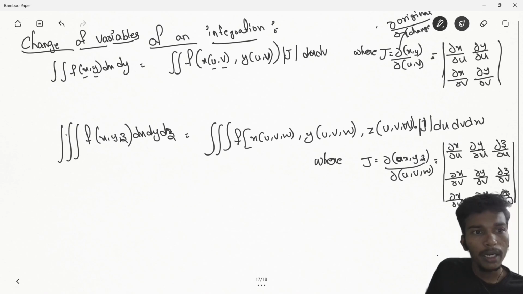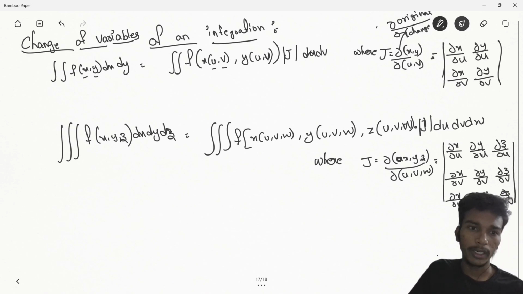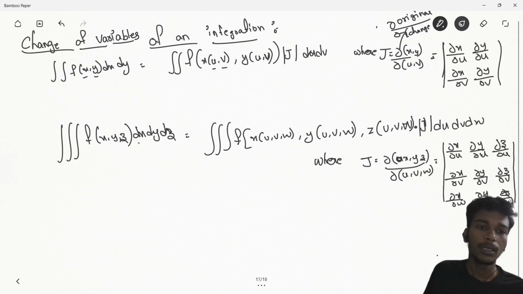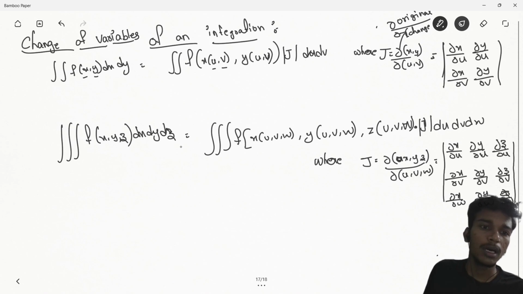The same thing can happen in the region where we have three coordinates. Evaluation of a triple integral is far harder than a double integral. So if the limits are somewhat difficult, then we are going to transform those limits into another 3D coordinate system where we can easily get the limits, and it will make our integration process much easier.